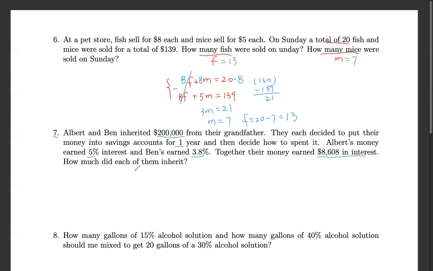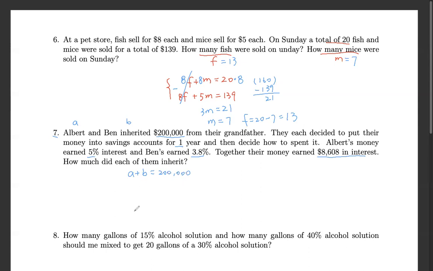All right. So let's see. Albert inherited A much, and Ben inherited B much. So A plus B equals $200,000.